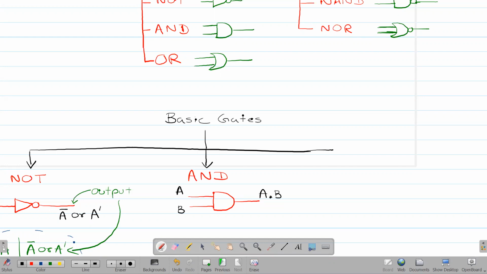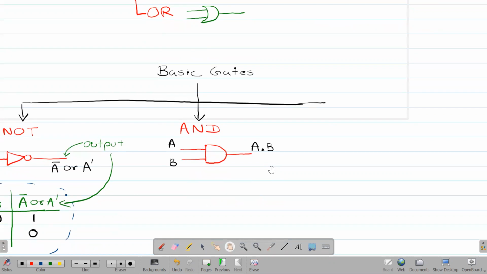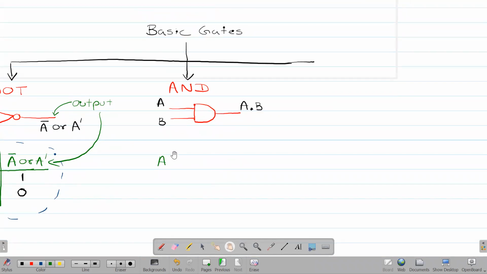If we think about the truth table, which explains what's happening inside the AND gate, we take the line A and the line B, because we have 2 input lines.